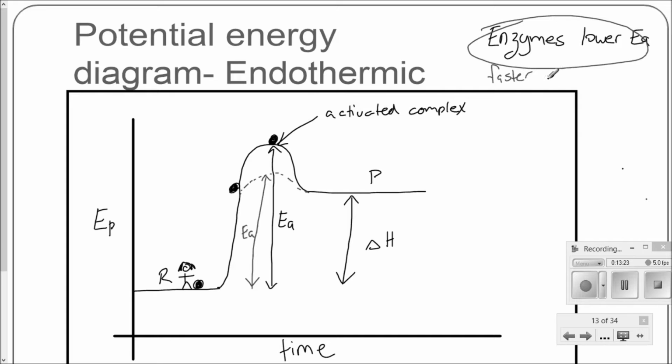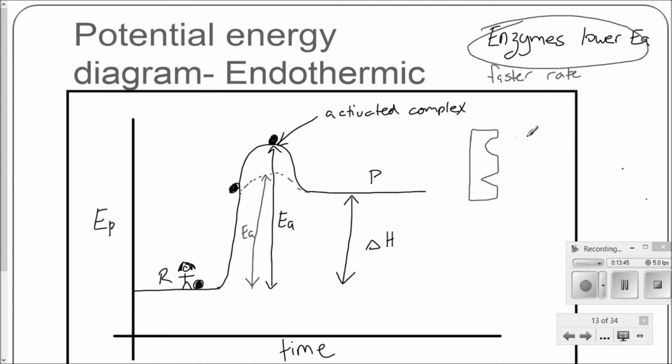It's easier to roll up the hill, so if they're going to roll this up the hill over and over again, it's a lot easier up the red hill than the black hill. And the way that enzymes work, and I don't want to get into detail about this because this is more biology, is essentially they're like locks and keys. They have spots that fit the shapes of reactants, okay?